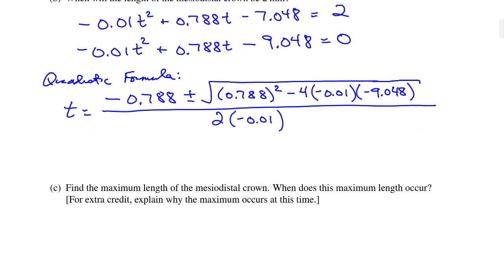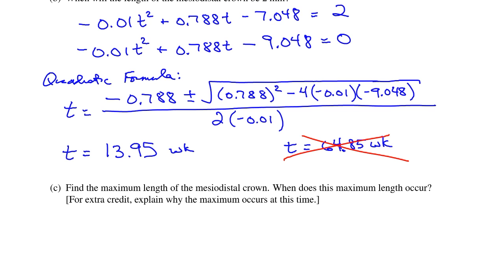If you plug that in the calculator, you get 13.95 weeks and 64.85 weeks. We're going to learn a little bit more about this situation in the next part, but it's going to reveal to us that this second answer is not valid. So we'll go ahead and mark that off for us.